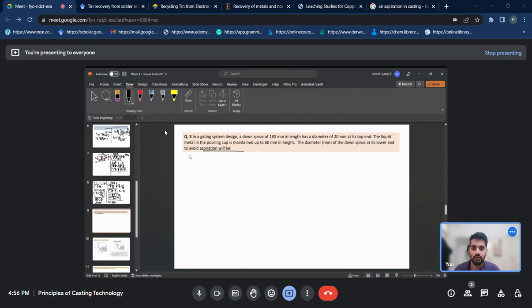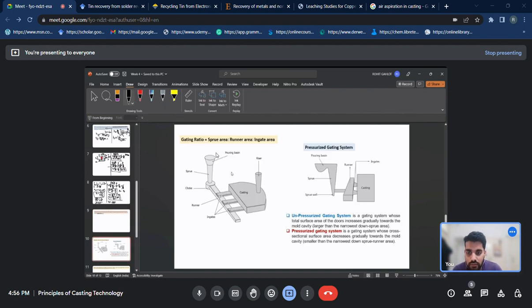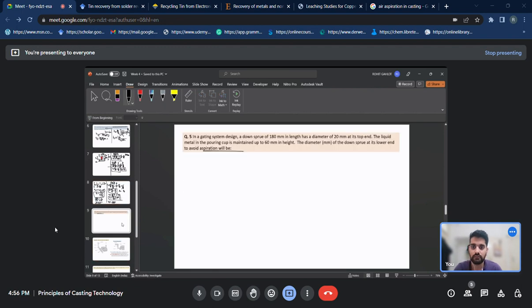So if you see, in a gating system, a down sprue of 180 mm. Firstly, you need to make a diagram to understand what it is saying.